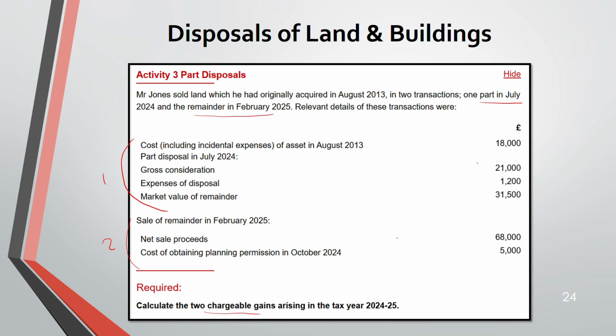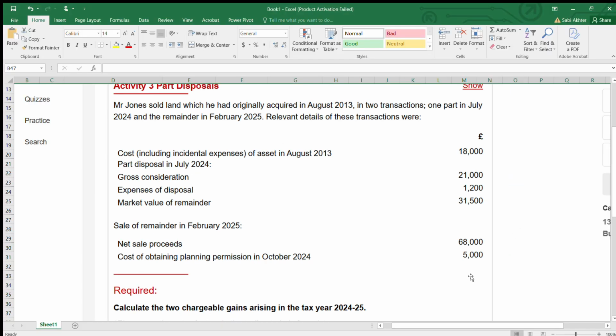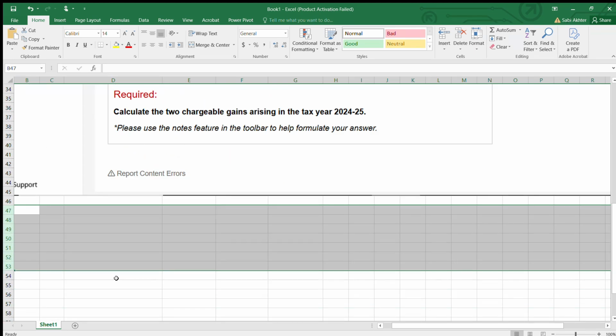So let us do that. First, we are going to calculate the chargeable gain on land acquired in August 2013, which was sold in two parts. One in July 2024, the other one in Feb 2025. So first the July 2024.